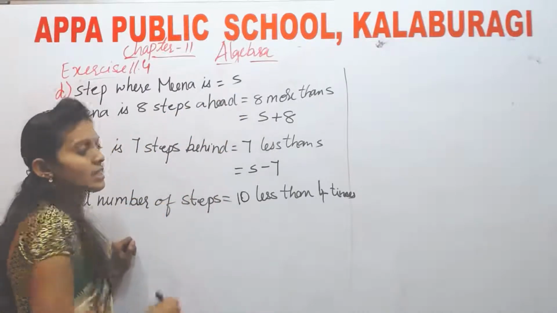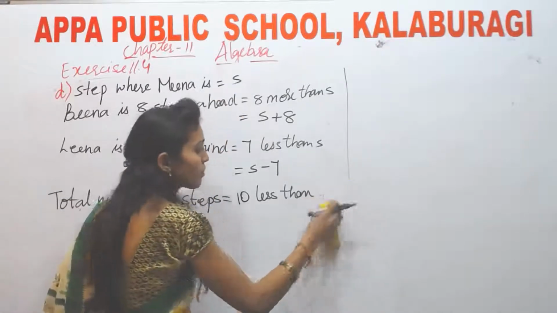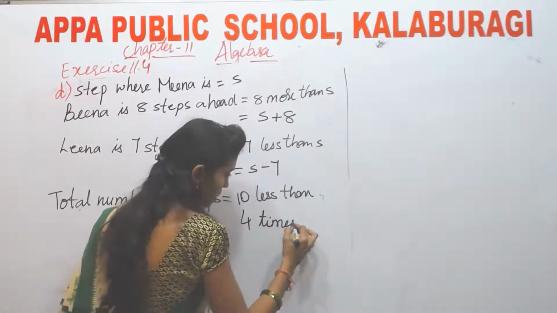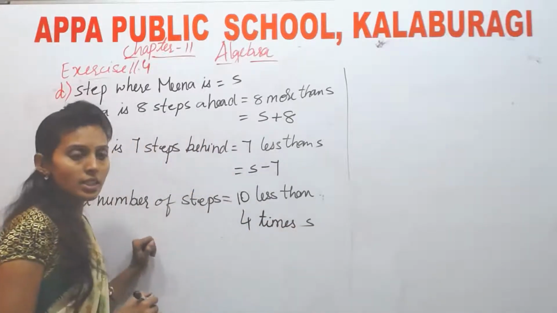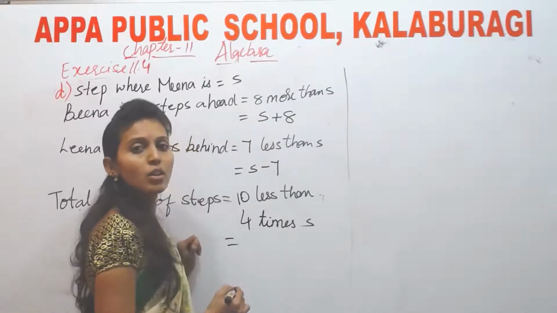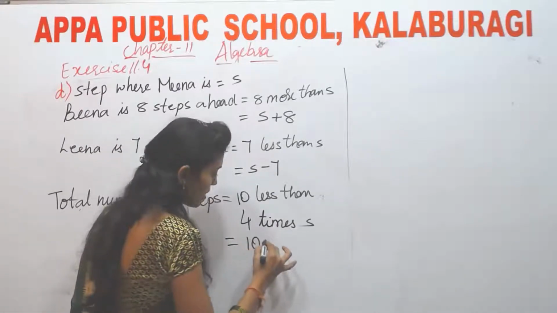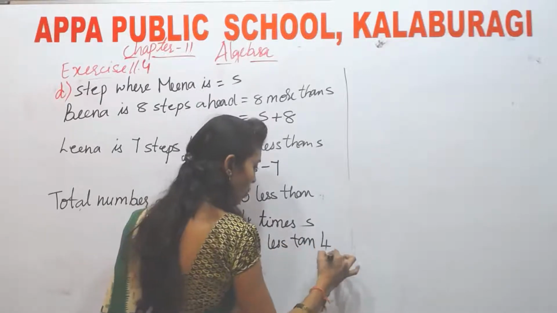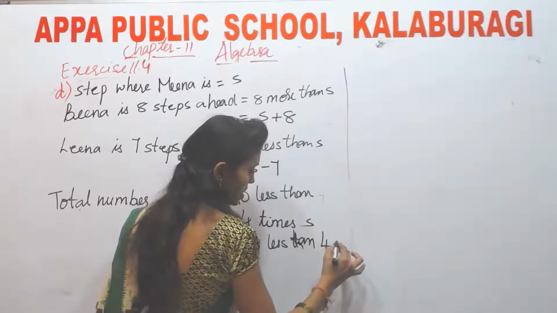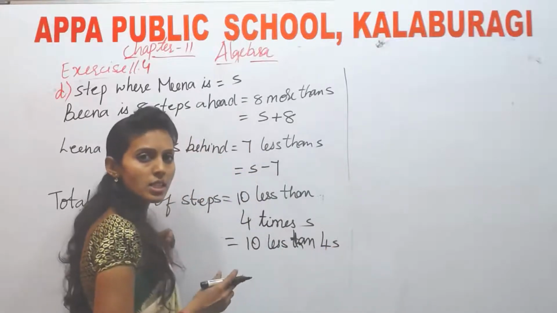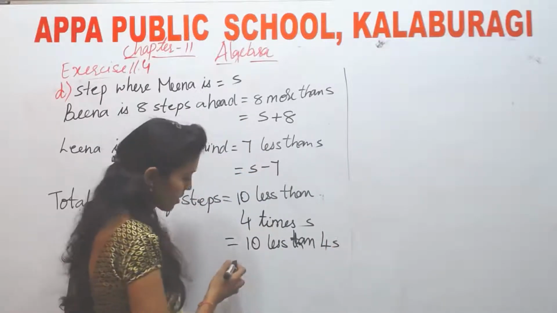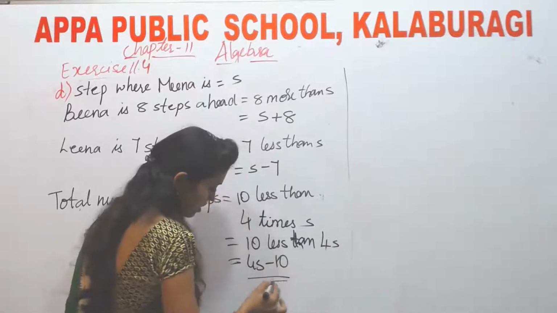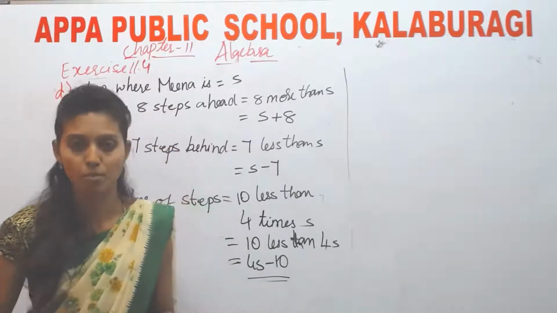Meena is at s, right? 4 times s is nothing but 4s. 10 less than 4s. So 4s minus 10 is the total number of steps.